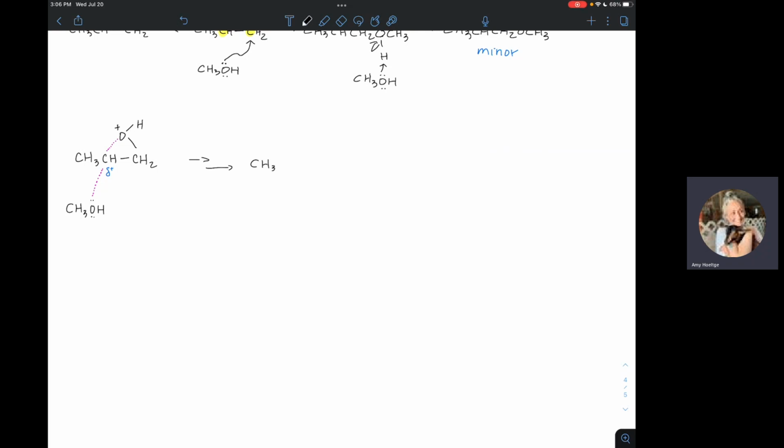So this is why it's not quite SN1-like, right? And it's not quite SN2, because you don't actually make a bona fide carbocation.